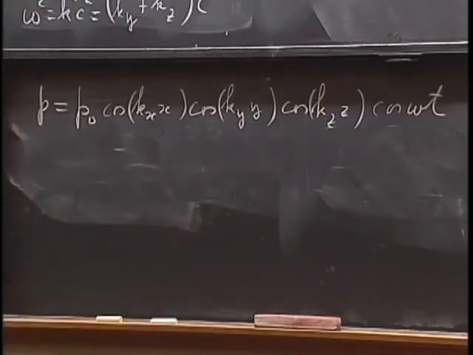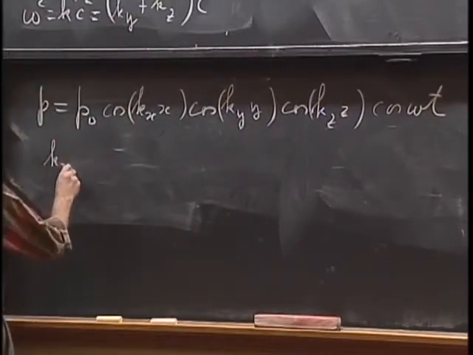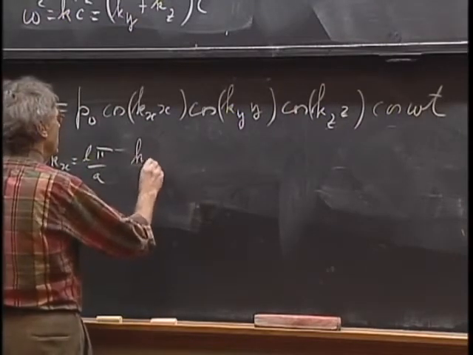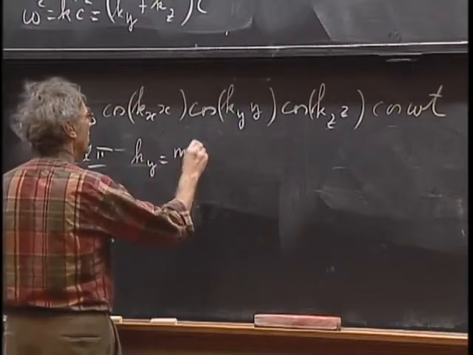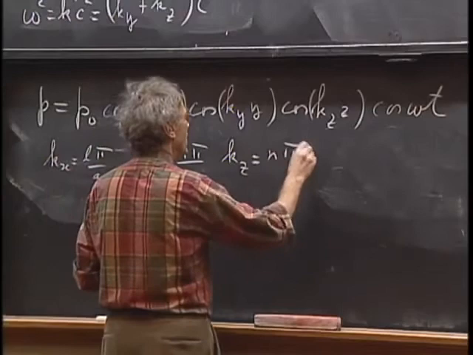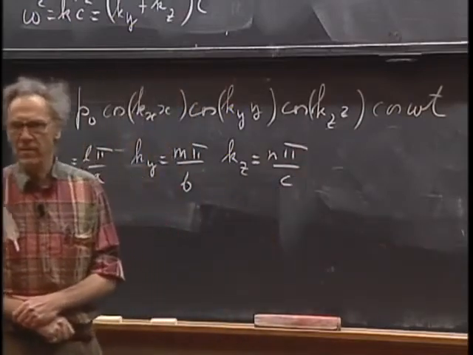And so now I have that my boundary conditions require that kx is L pi over a, that ky equals Miri pi over b, and that kz is Nancy pi over c. Then I'm happy.